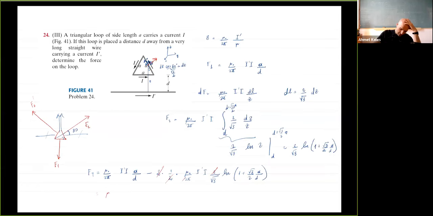Mu 0, oops. This is mu 0 over pi, and actually let's put 2 pi I prime I a over d, a big parenthesis, 1 minus, I think I need to compensate 2 over square root of 3.